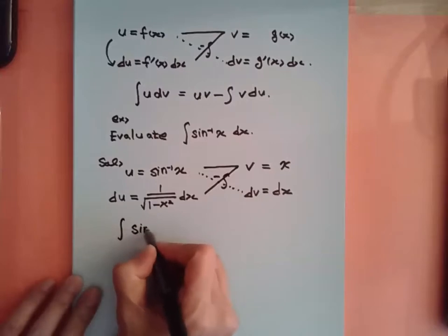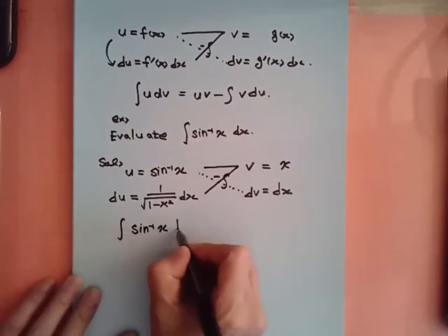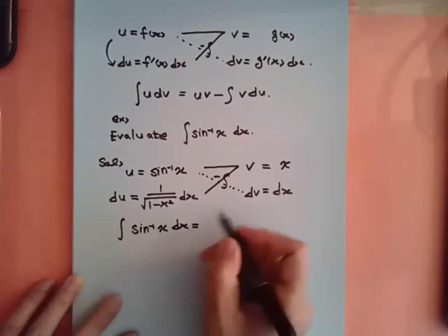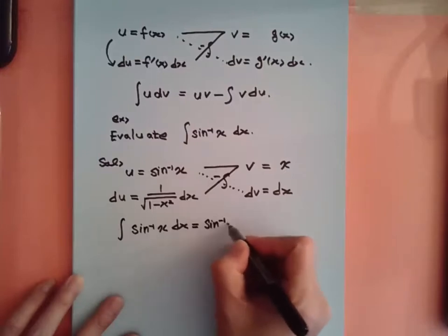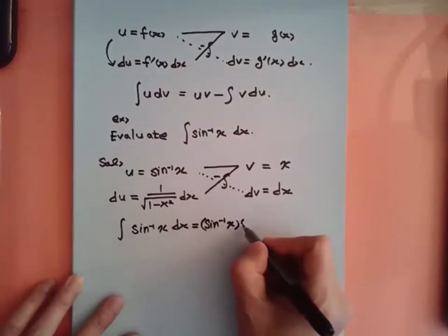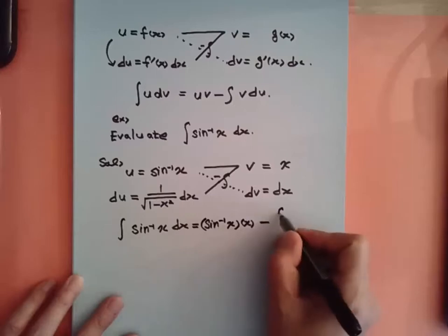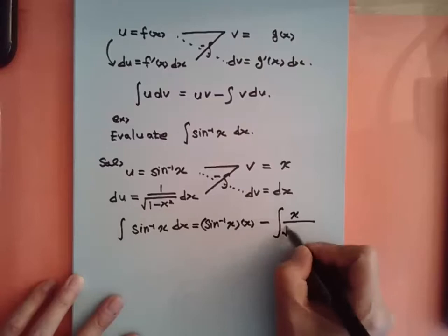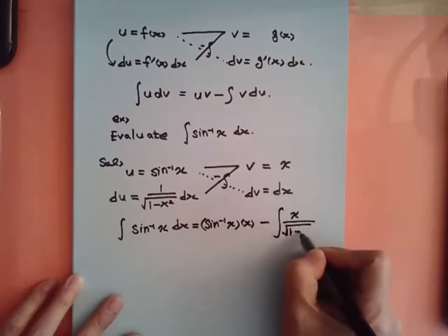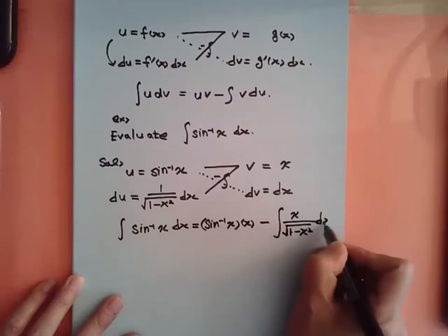Integration sine inverse of x dx equals multiplication of u and v, which is sine inverse of x times x, minus integration x over square root of 1 minus x squared dx.